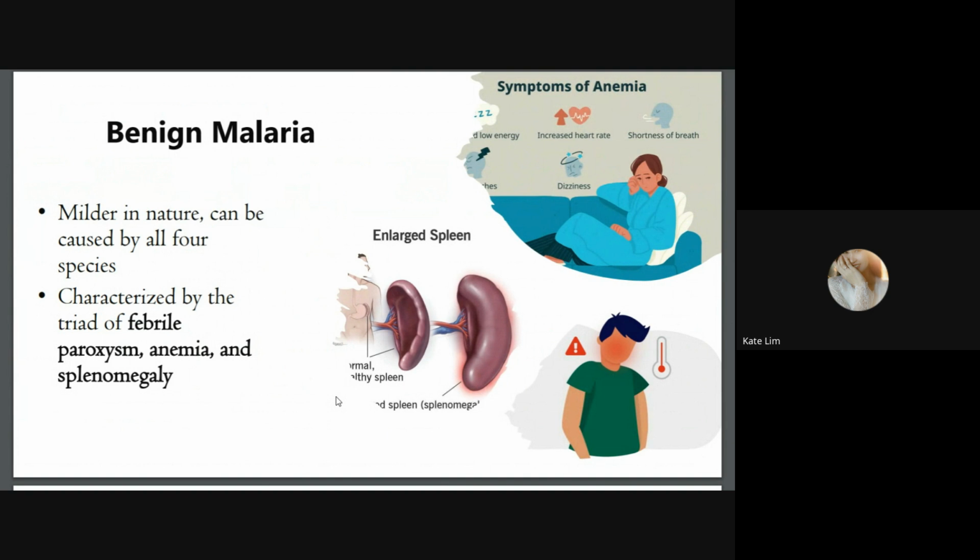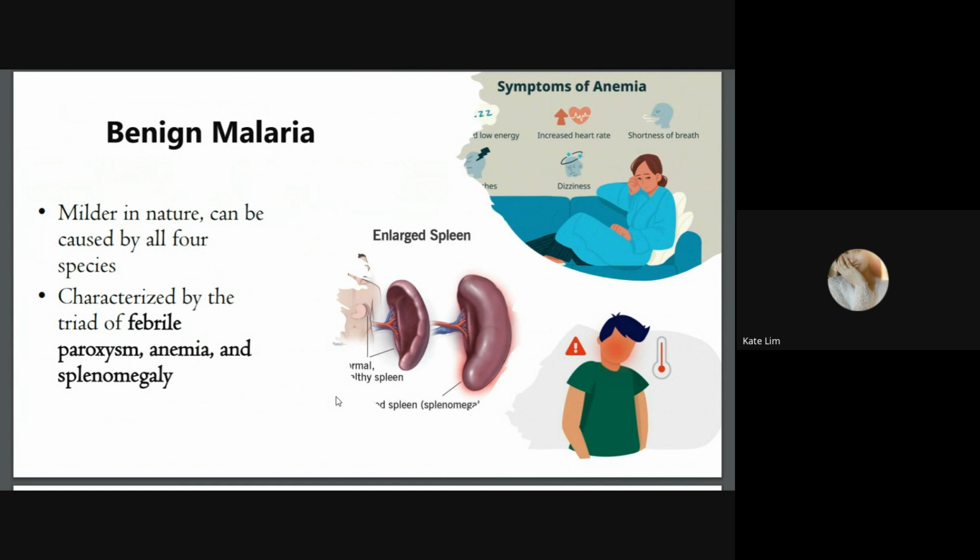You've probably heard of it before, but what does it really mean in the context of malaria? When you say hallmark, these are some sort of a triad of symptoms. These are your clues if the patient is actually infected or positive for malaria.